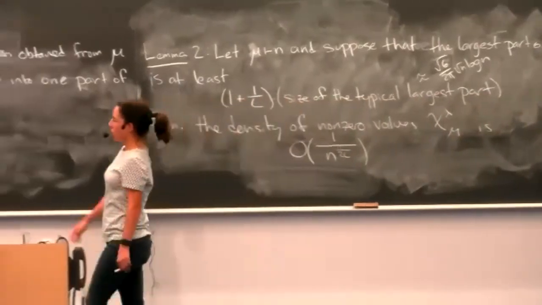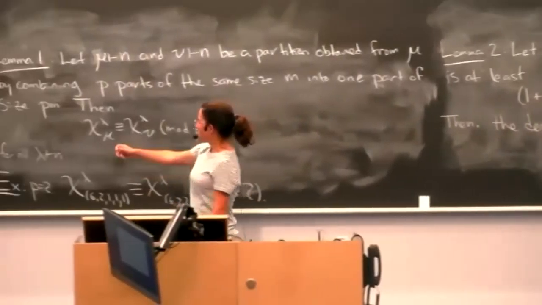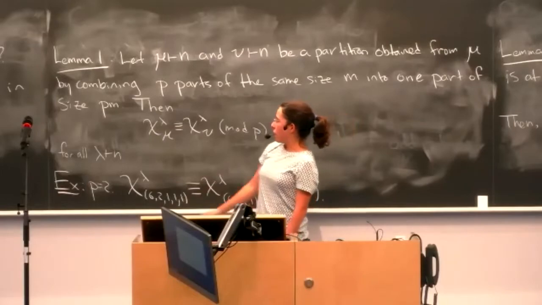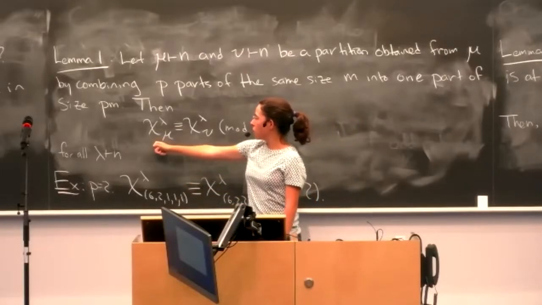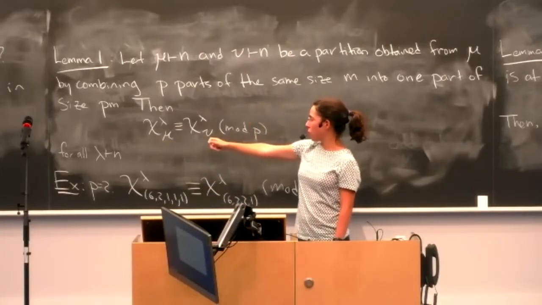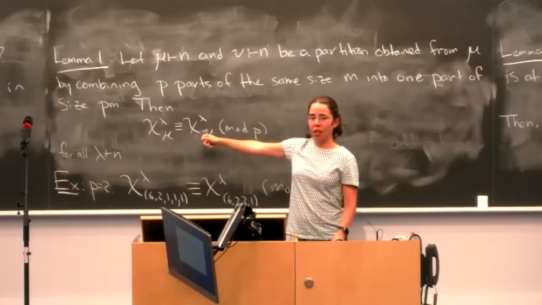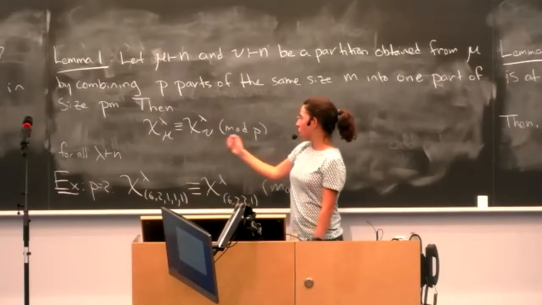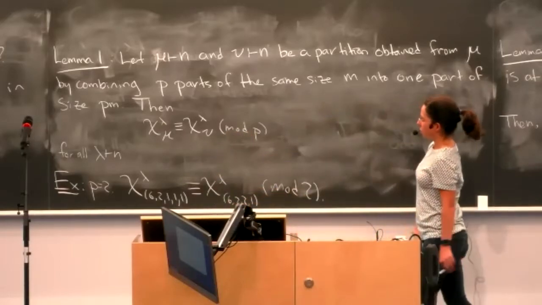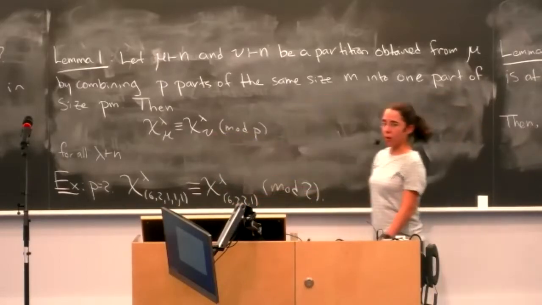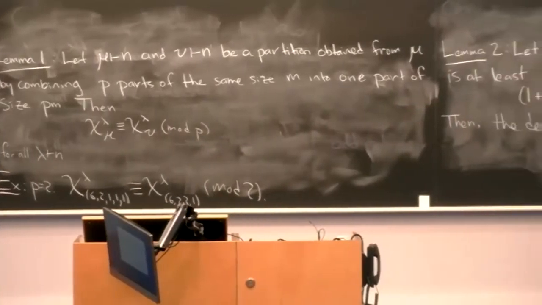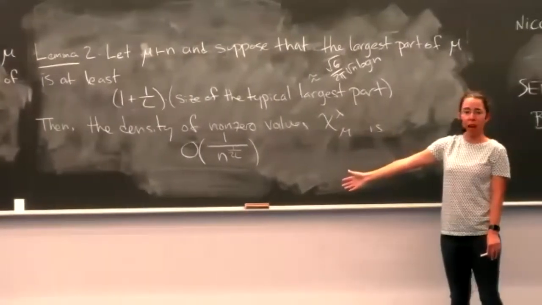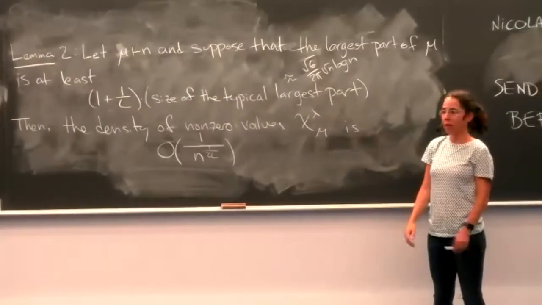You would hope to show that for a typical mu, if you do this combining parts operation as much as you can, then the column of your character table corresponding to mu should be congruent modulo the prime to that of the mu with all the parts combined as much as you can. And then this corresponding nu should also have a really large part, so almost everything in that column should be 0.